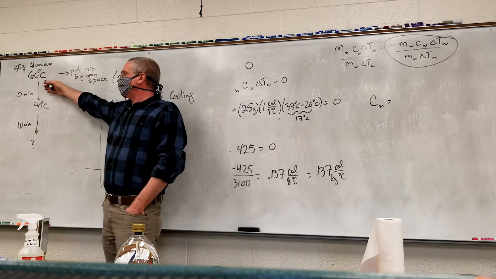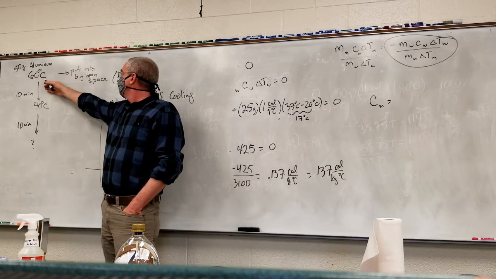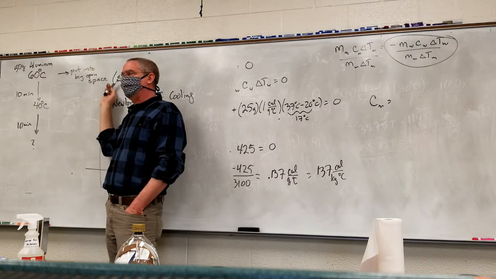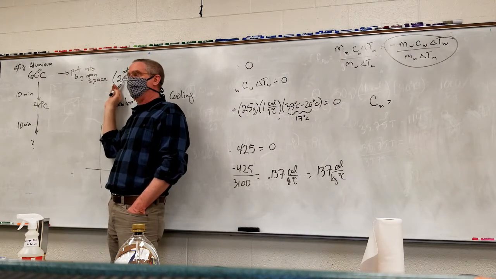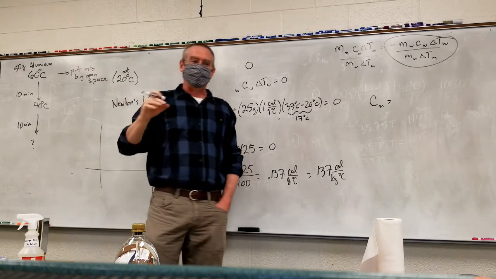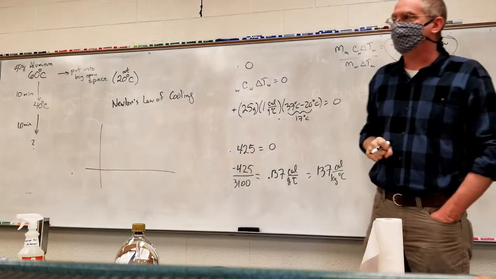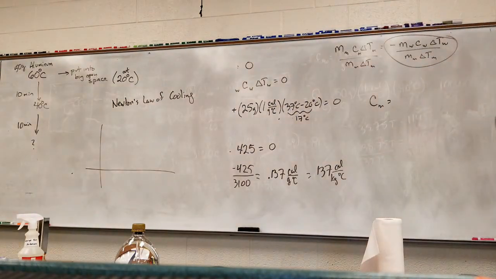So if this aluminum is at 60 degrees Celsius, and I'm putting it into a big open space at 20 degrees Celsius, and again, big open space implying that this number is not going to change any. What is the coldest that aluminum is going to get? What is the minimum temperature?